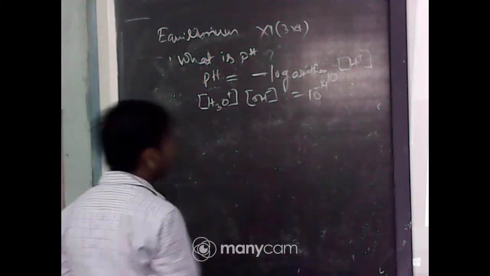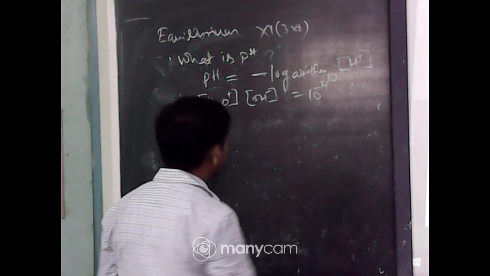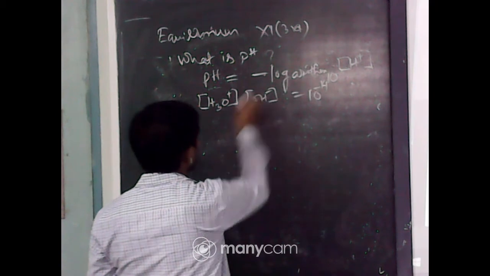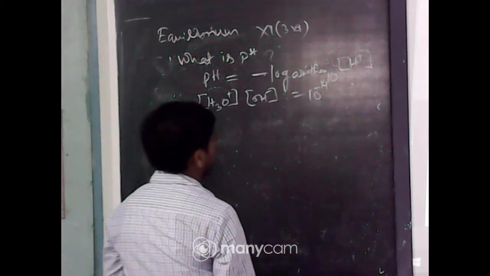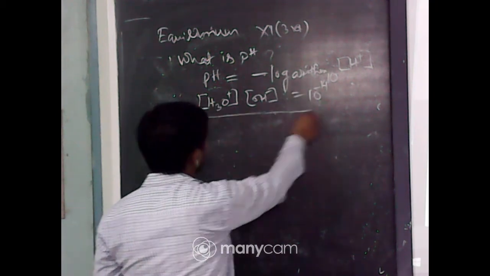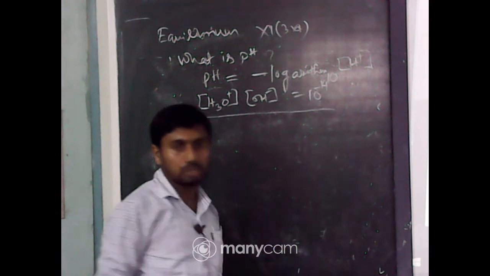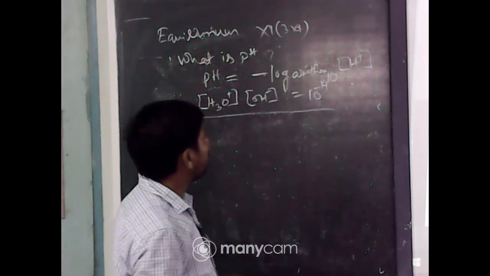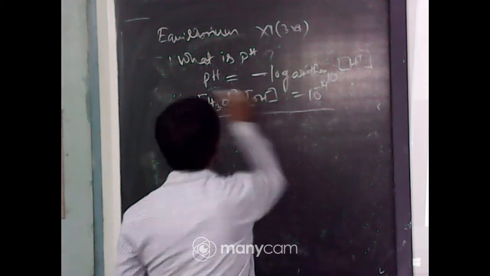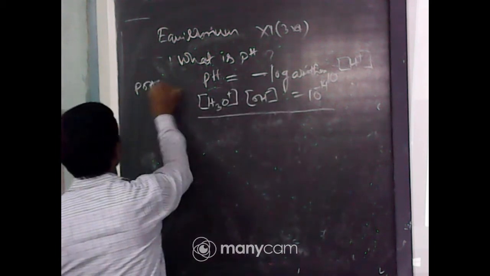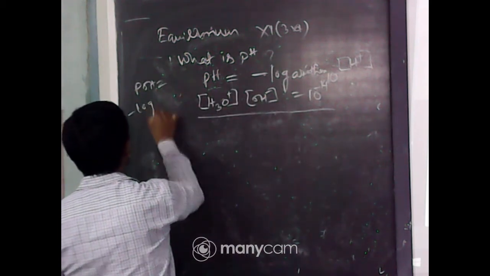Here we may have to use the logarithmic function. So, pH equals minus logarithm of H plus. We want to relate pH and pOH. What is pOH?